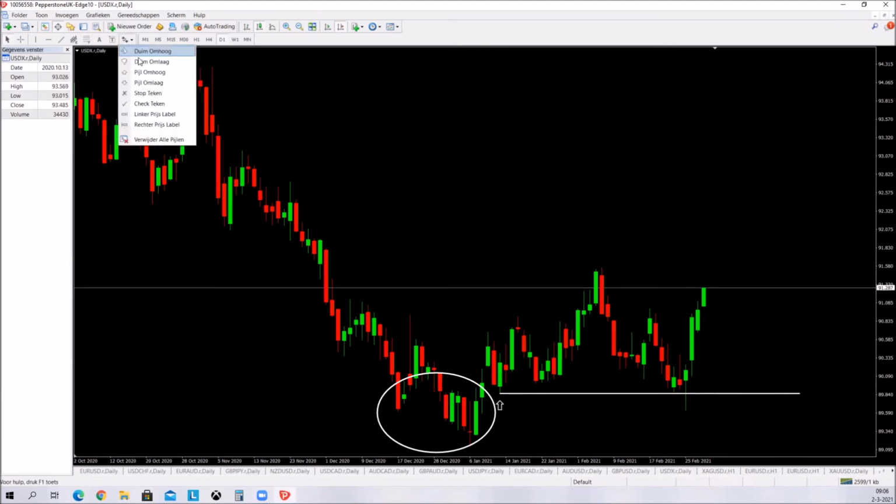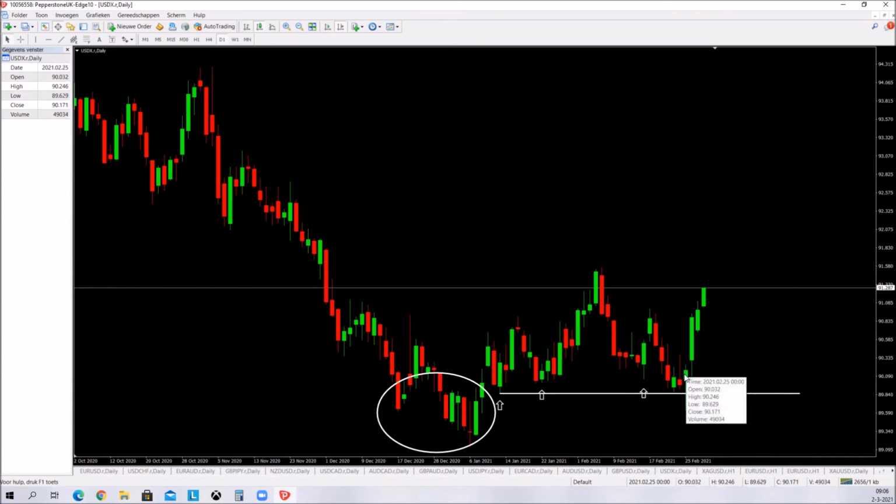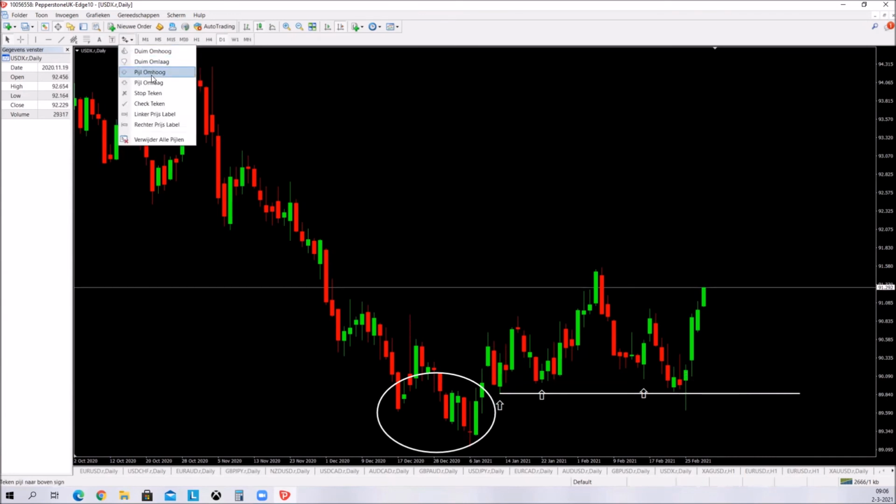So one over here that didn't get broken, another one over here. And as you can see on this particular day, all these lows got broken. We retested the accumulation range, and then we got this very strong pin bar, which is very, very bullish.